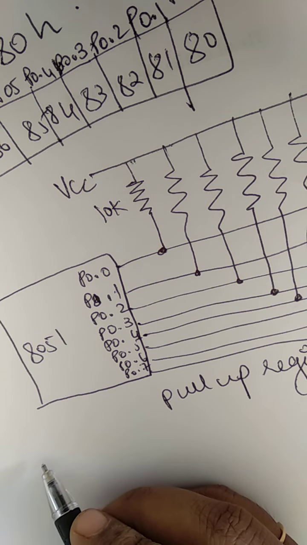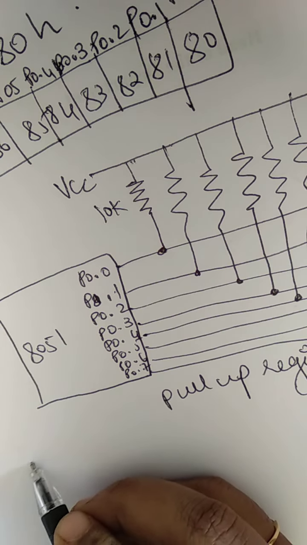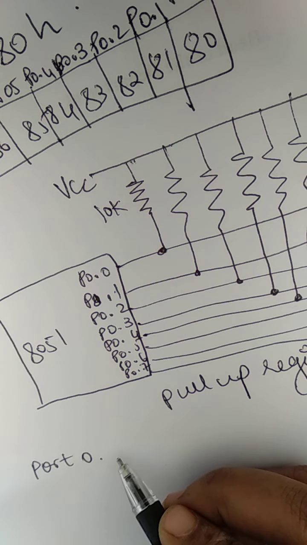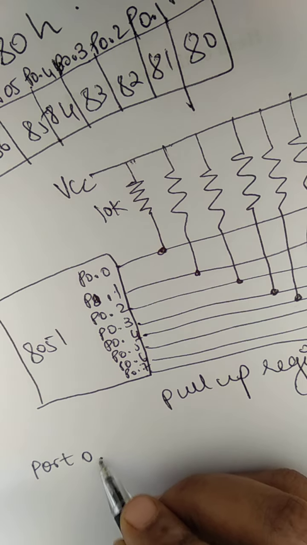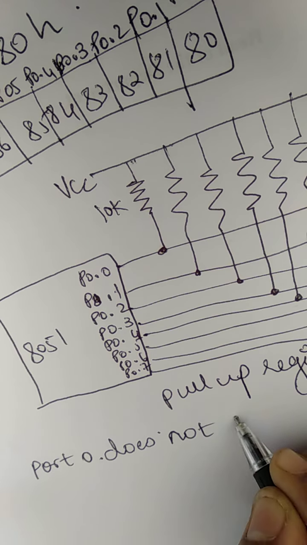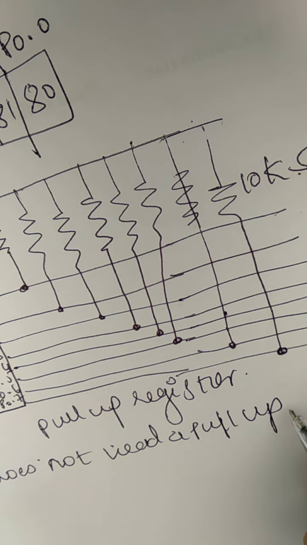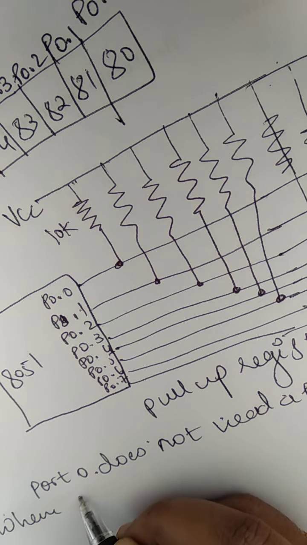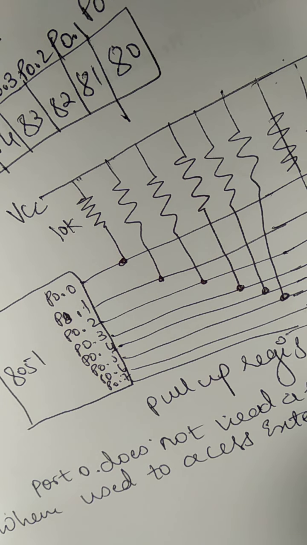Next, port 0 does not need a pull-up resistor when it is used to access external memory.